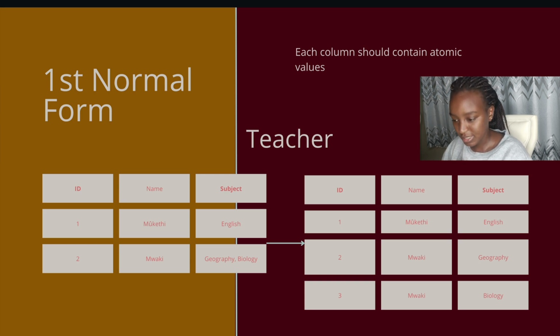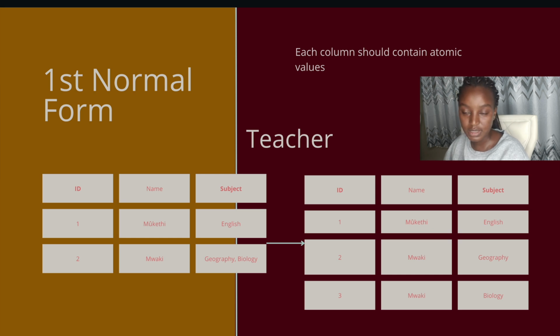What we mean by this is, for instance, look at the table on our left. We have Mukedi, who teaches English, and we have Mwaki, who teaches geography and biology. So under Mwaki, we have geography and biology bundled up together.